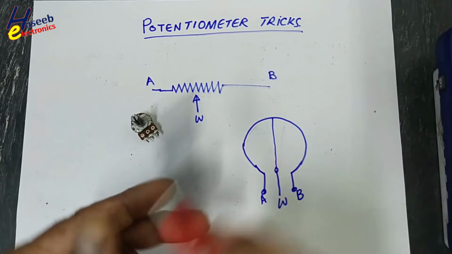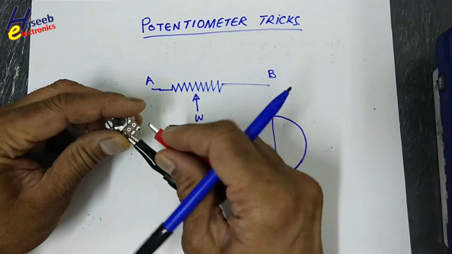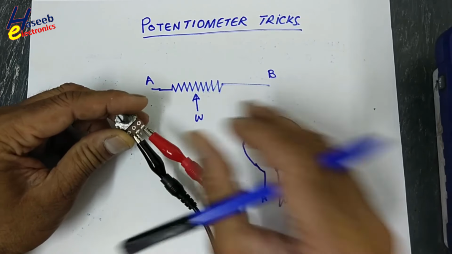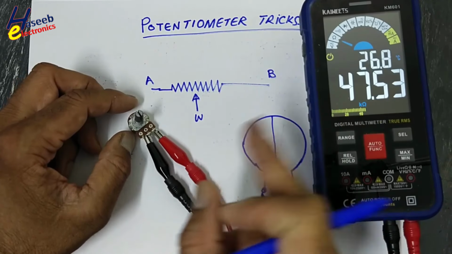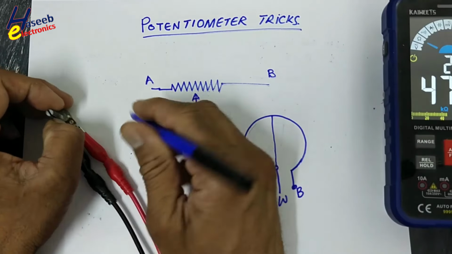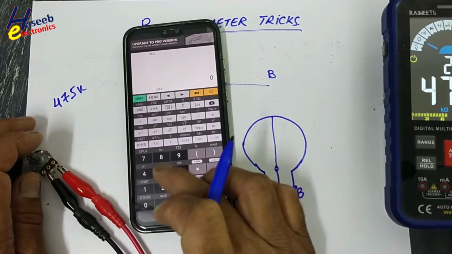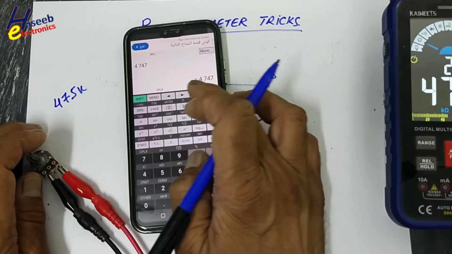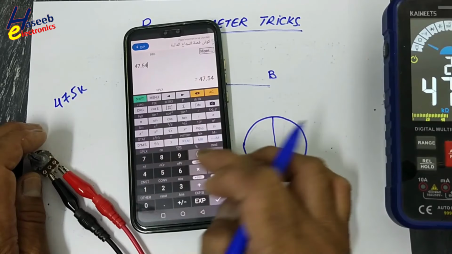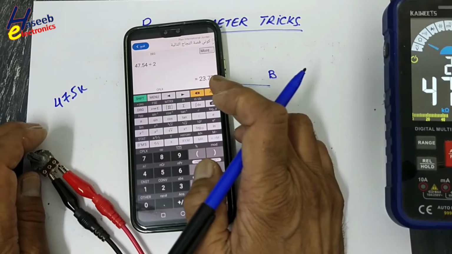It is a 50K potentiometer. Suppose this wiper is at center. 47.54 divided by 2 is 23.77.